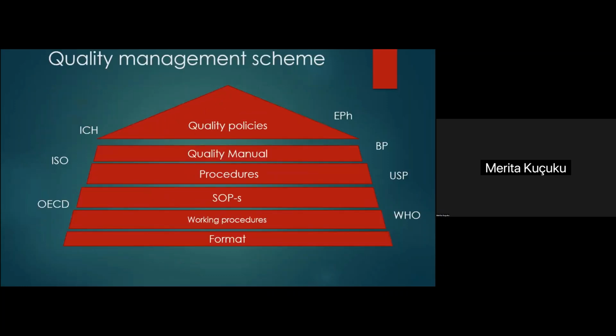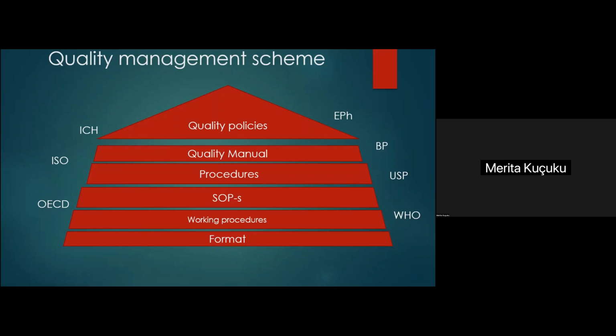The quality management scheme has quality policies on the top, and a quality manual that includes all strategies, procedures, and all information for equipment for the quality control laboratory, all information about the responsibilities and abilities of personnel.